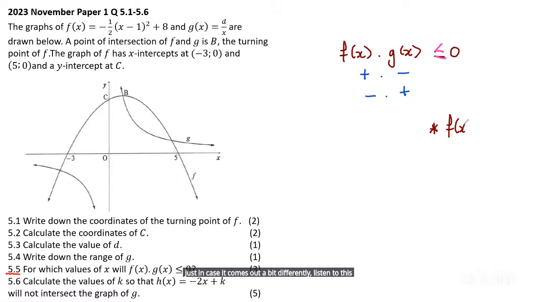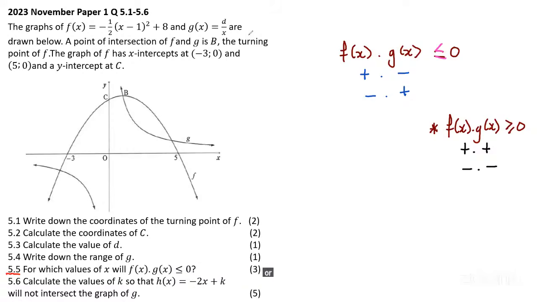Just in case it comes out a bit differently, listen to this. If it was greater than or equal to 0, then I'm going to have positive, positive, or negative, negative.